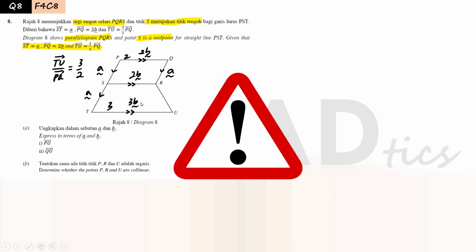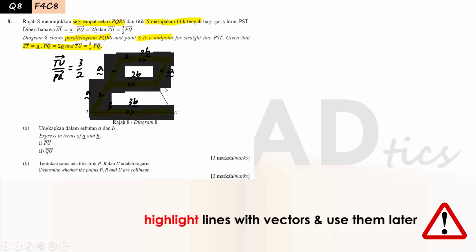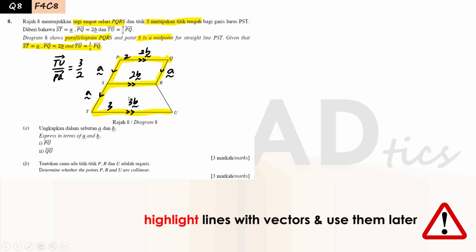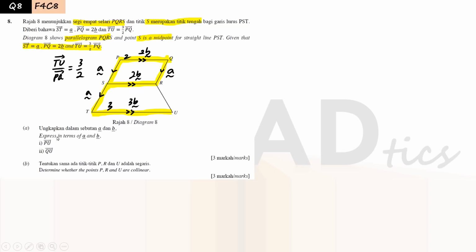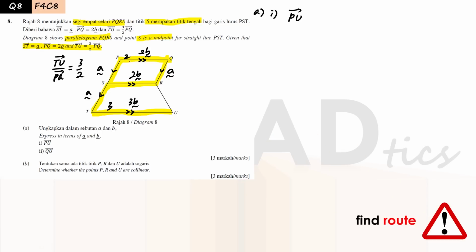And now what I'm going to do is highlight all the lines that have vectors. Right, so it will be easy for us to find the other vectors, for example in part A. Okay, because these lines already have vectors. So for part A1, if you want to find PU, we need to set our route first. So P is here and U is here.